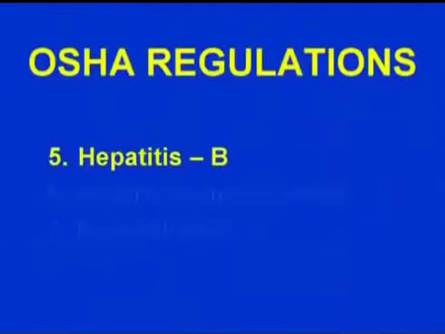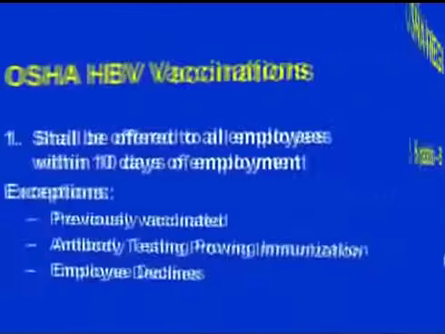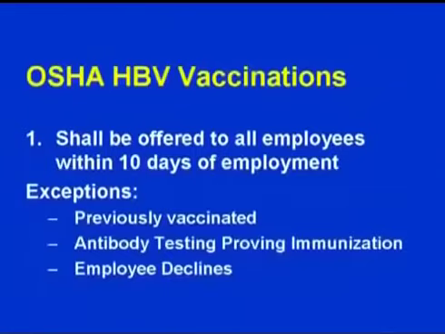One issue that's very important as far as OSHA goes is hepatitis B, which we must offer the vaccine within 10 days of employment. The only exceptions are as follows. A, that the employee can show that they've been previously vaccinated. Secondly, that antibody testing proves immunization, such as, for example, they had hepatitis and recovered. And thirdly, that the employee declines.